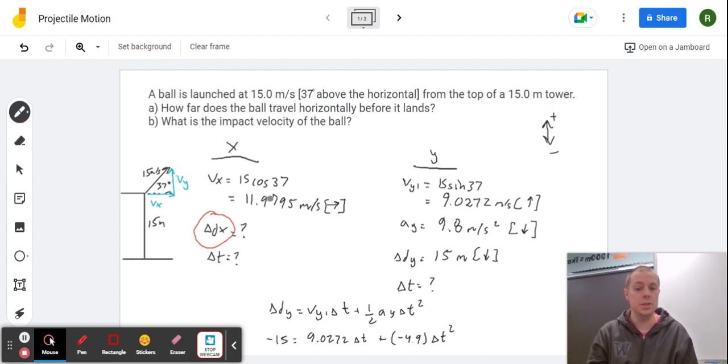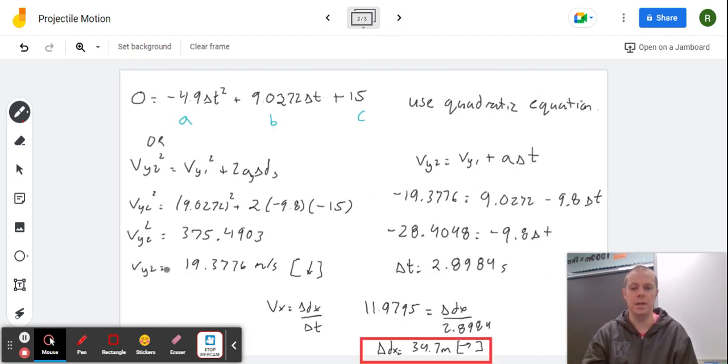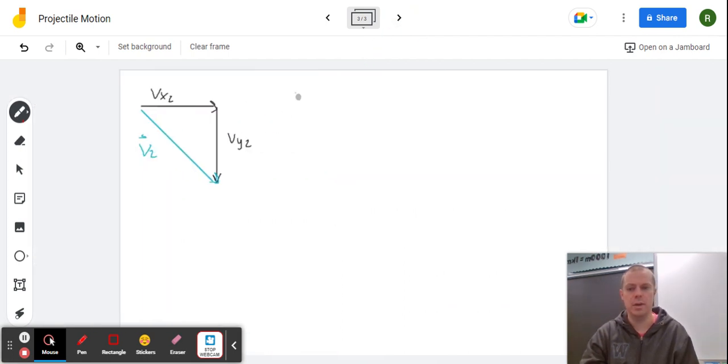Okay. There is no acceleration in the x direction, so Vx1 is Vx2. So this is our value for Vx. And Vy2, right, we just found is 19.3776. So Vx2 is the same as Vx1, which is just Vx.